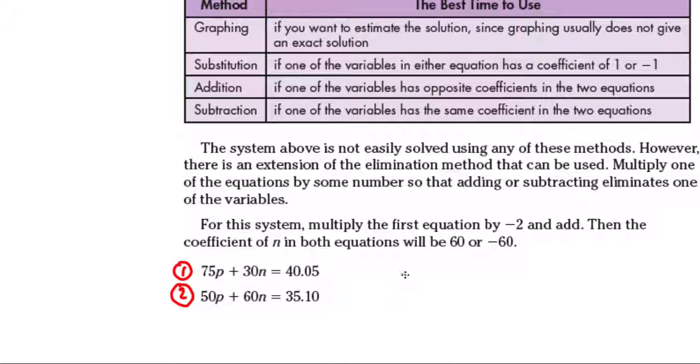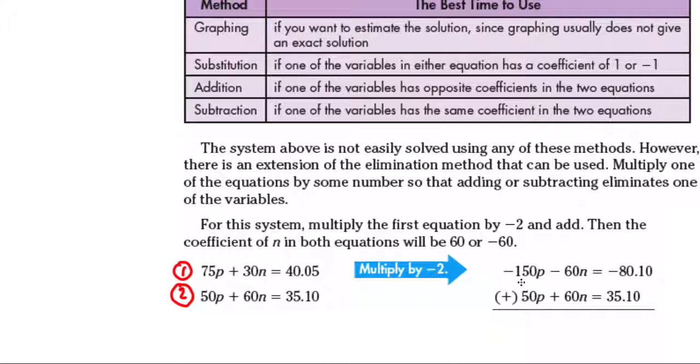Then basically what happens, you multiply by -2 and you end up with -150p minus 60n equals -80.10. Okay, and we simply add.